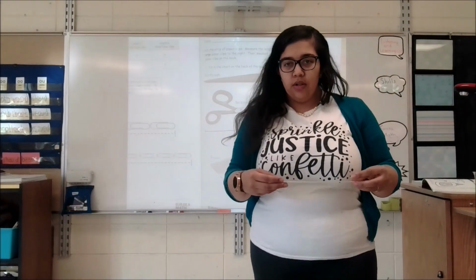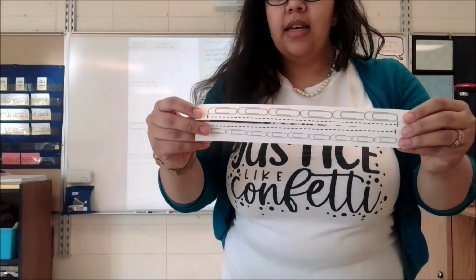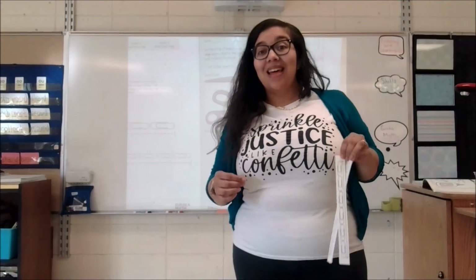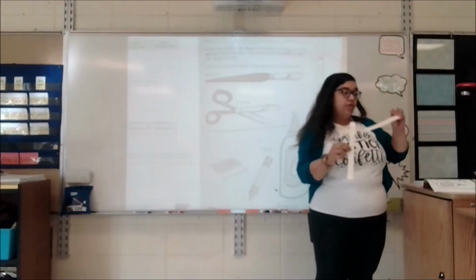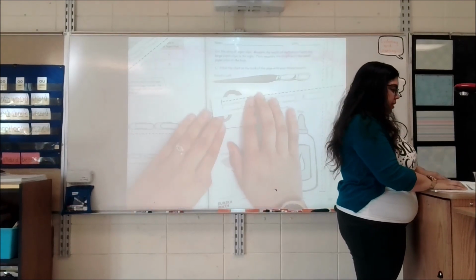Because if you'll notice, looking at your strips of paper, each of them have a marking line saying that there's the same length line. But the number of paper clips it takes to make that line differs based on the size of each paper clip. So let's do all of our large paper clip measurements first.